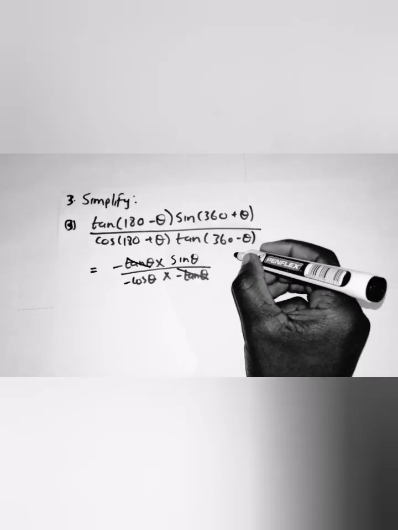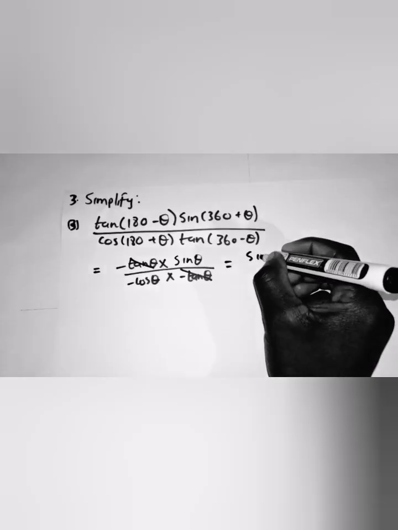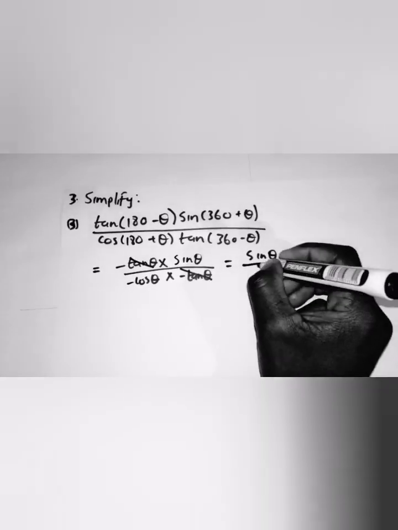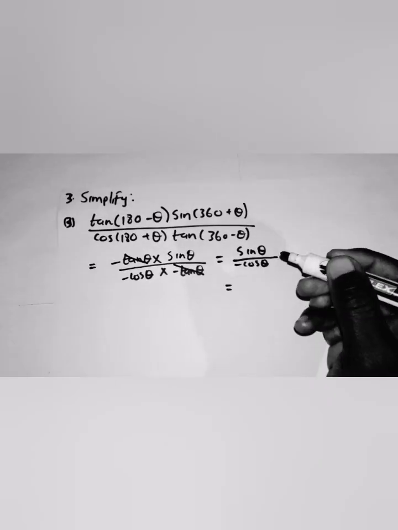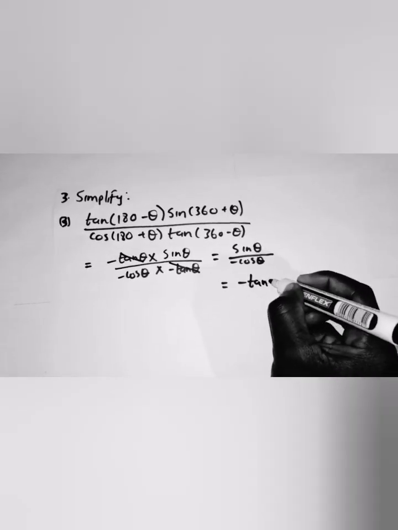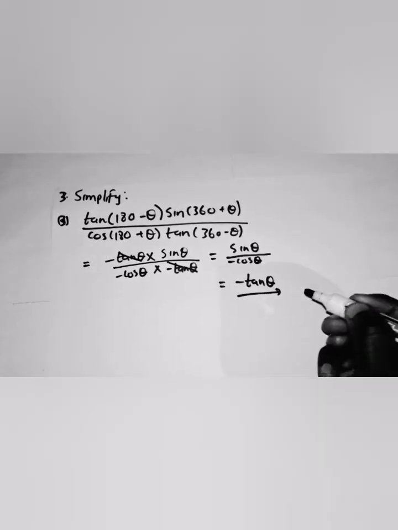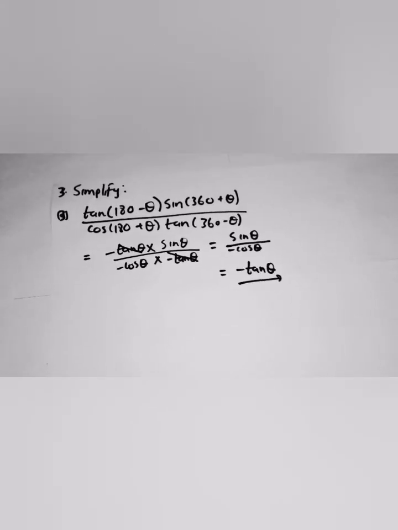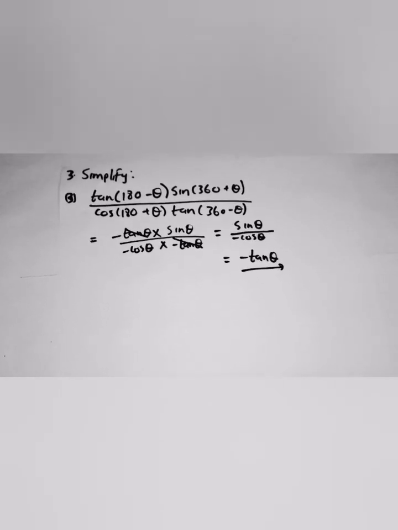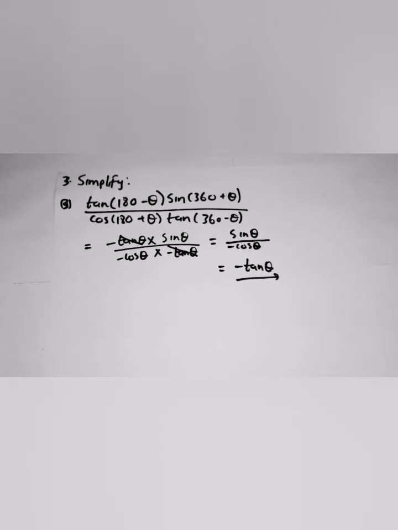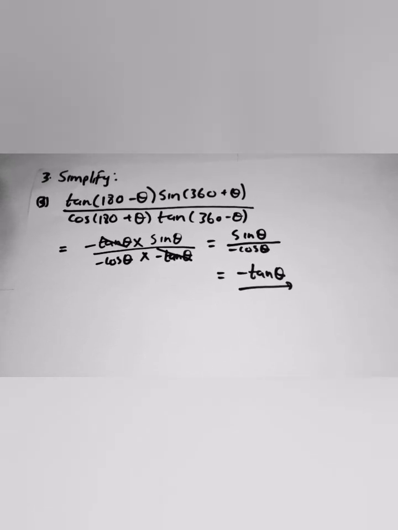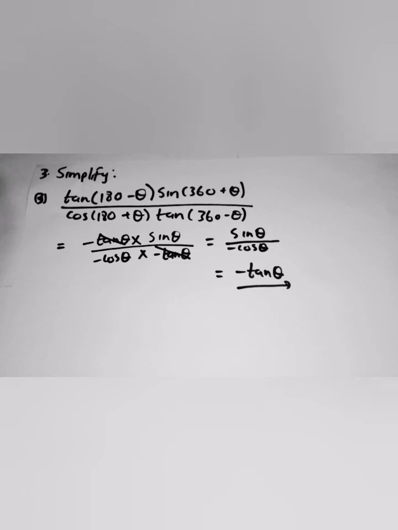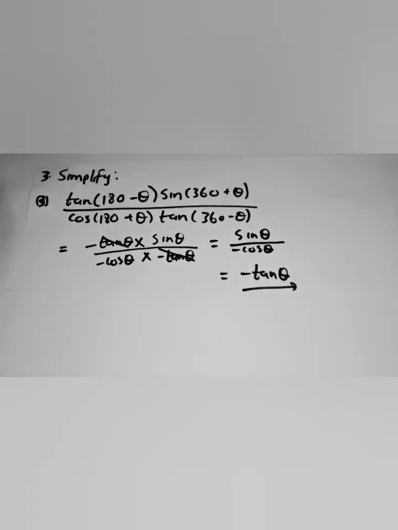With the sine theta as the numerator, and the negative cos theta as the denominator. Then this tells about the quotient identity, which is negative tan theta. Or even if you say sine theta over negative cos theta and you leave it there, it's still fine. But even if you continue with it, saying it's a quotient identity, negative tan theta, still fine. So the most important thing, focus on the brackets, because they tell you about what? The quadrants. That's very important.